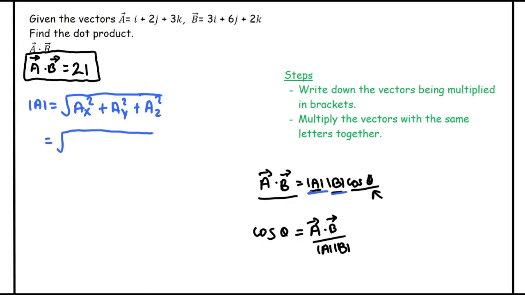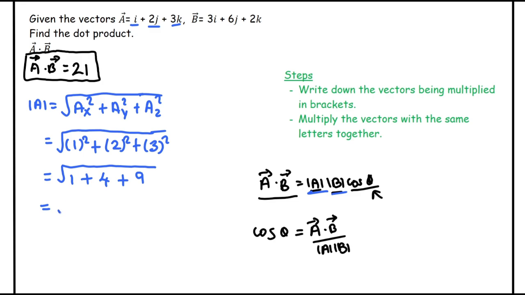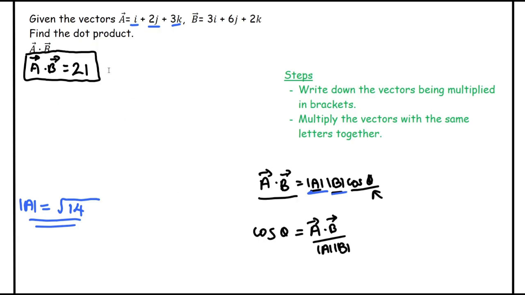This gives us the square root of the coefficient in front of i, which is 1 squared, plus the coefficient in front of j, which is 2 squared, and the coefficient in front of k, which is 3 squared. This all gives us the square root of 1 plus 4 plus 9, which is equal to 14. So let's write it here: magnitude of A is equal to square root of 14.